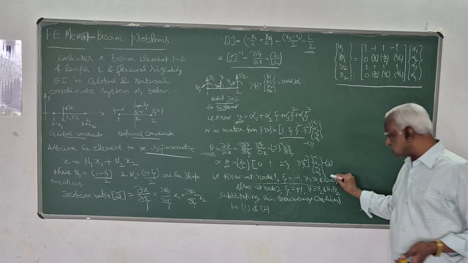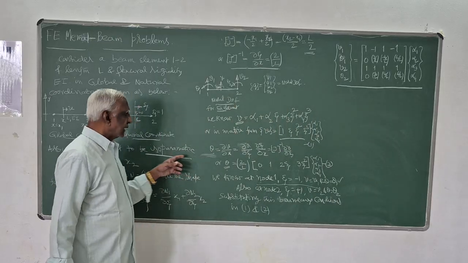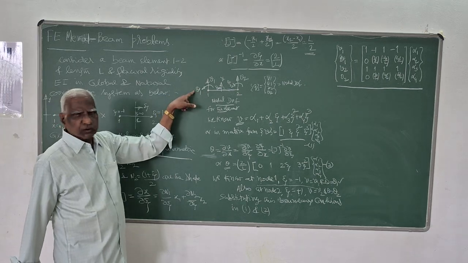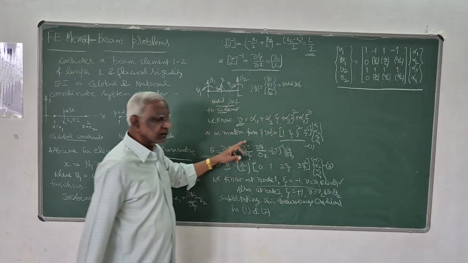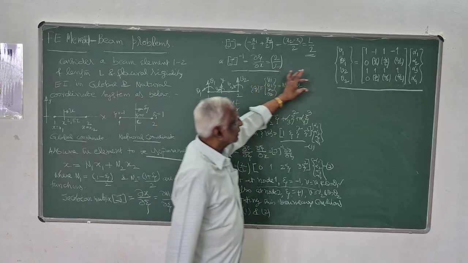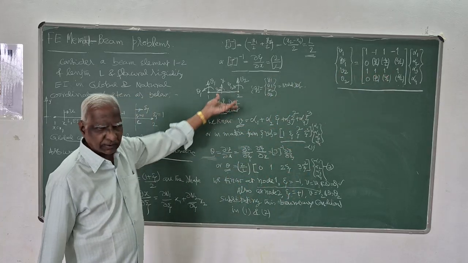So if you put these two conditions, that's the boundary conditions, at node 1, z is equal to minus 1 and v is equal to v1, theta equals theta 1, you will get this first row. In these two equations, if you substitute, similarly other conditions, you will get the rest. In matrix form, it is easy for substitution.